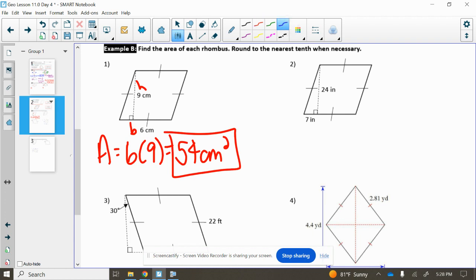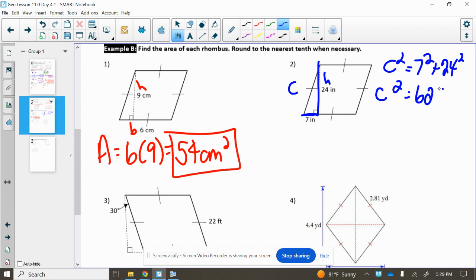On the second one, we are given the piece here is 7, the height is 24, but we actually aren't given the full side length. So what we're going to do is we're going to use a little Pythagorean theorem to help us solve. So c squared equals a squared plus b squared. So c squared is 625.